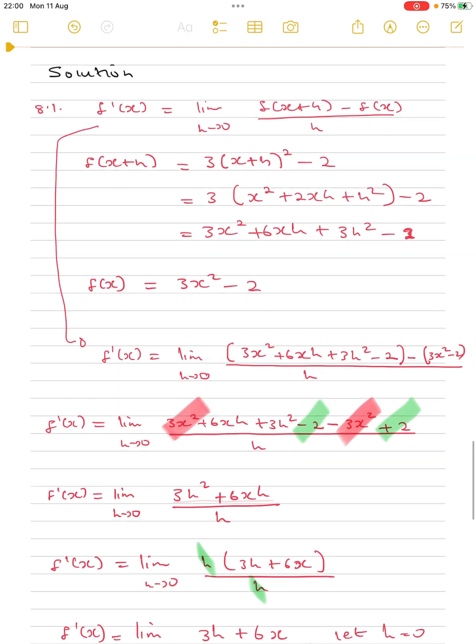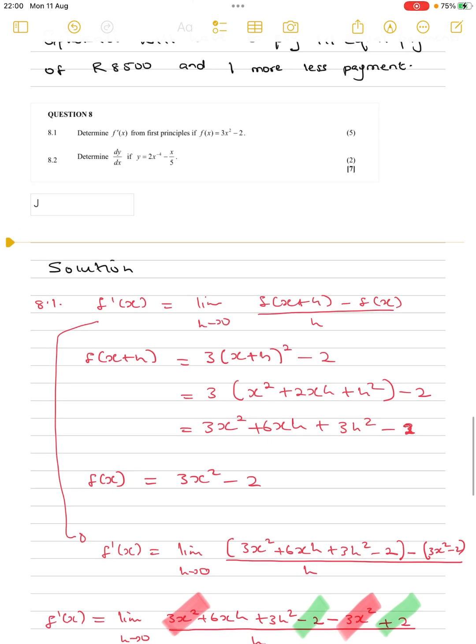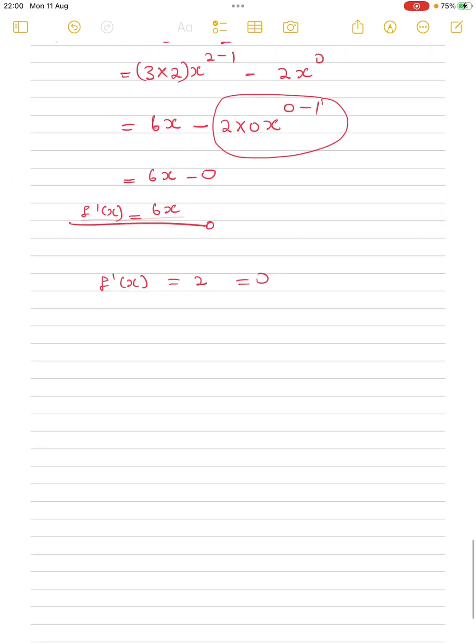Okay, so the second question requires us to use the rules of differentiation. I'm required to determine dy over dx if y is equal to 2x to the power of minus 4 minus x over 5.